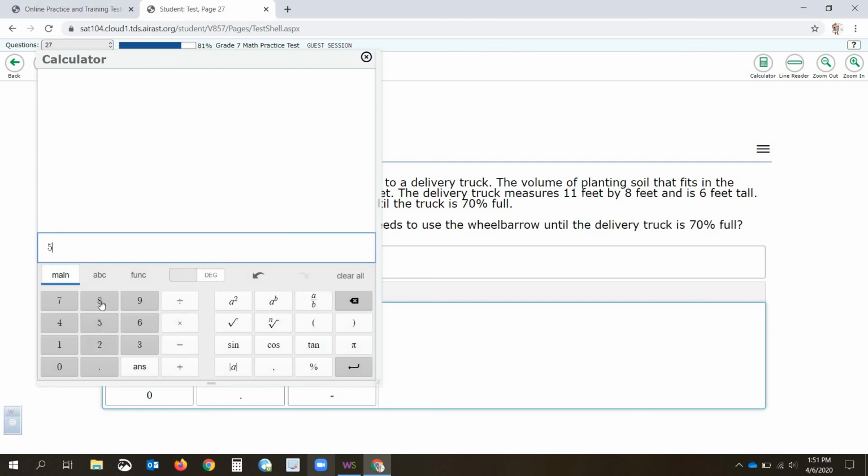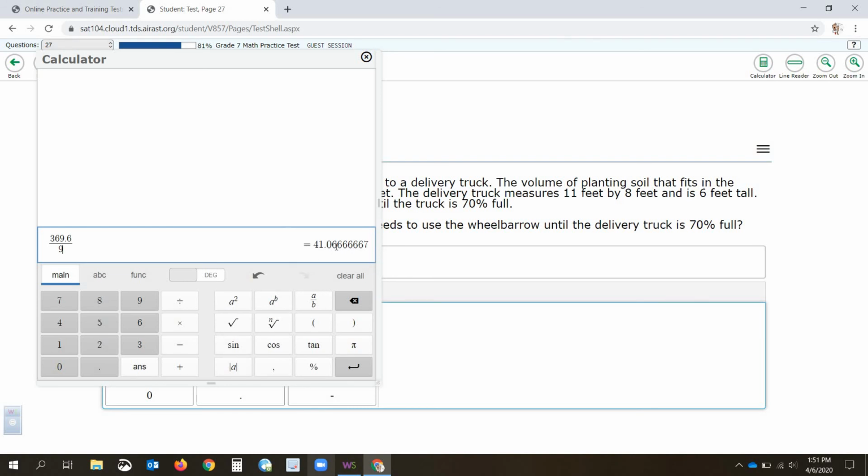So we have 528 times 0.70, and we get 369.6. I'm going to divide it by 9, and I get 41.1.